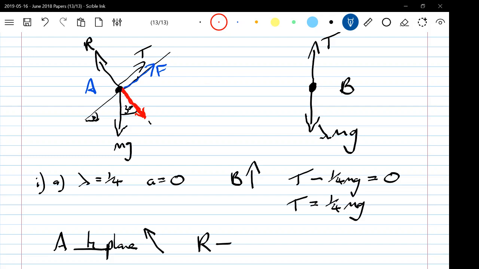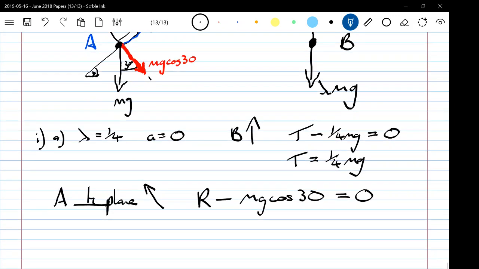That is mg cos 30, because it's adjacent to the angle that we've marked. And the resultant of that is 0. So we've also got that R equals mg cos 30. Cos 30 is root 3 over 2. So R is root 3 over 2 mg.